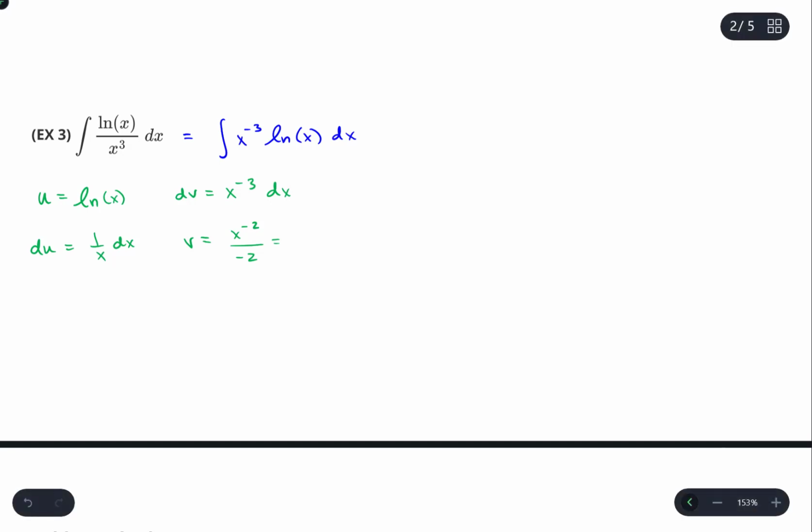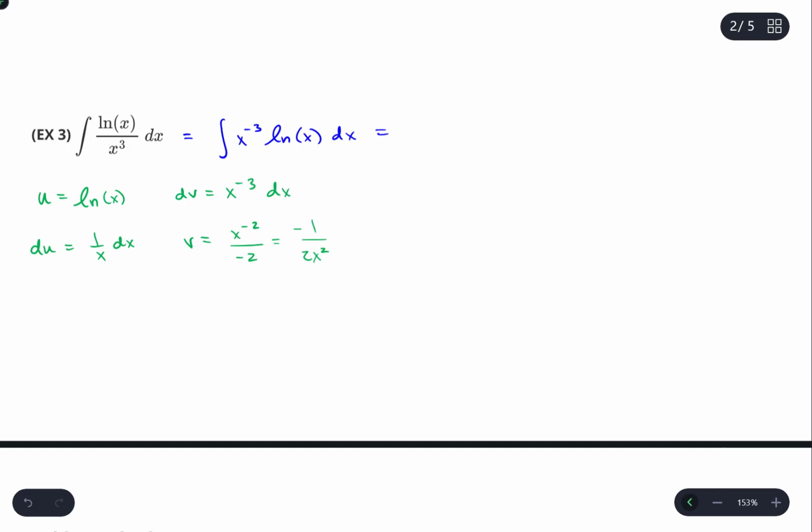You know what, maybe I'll just rewrite this as negative 1 over 2x squared to make it a little bit nicer looking. I'm not sure if it makes any difference when I actually integrate. But I now have u, v, du, dv, all these pieces that I need.